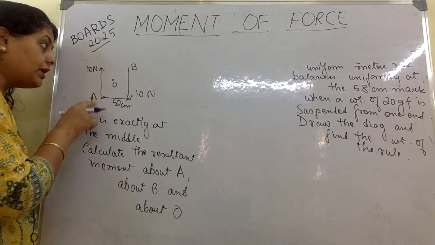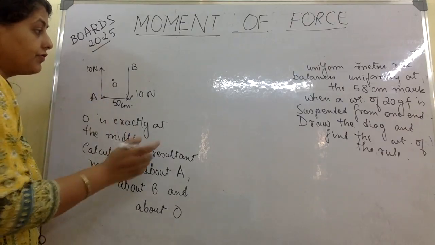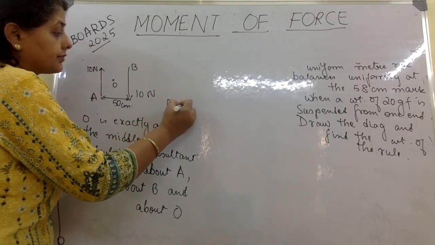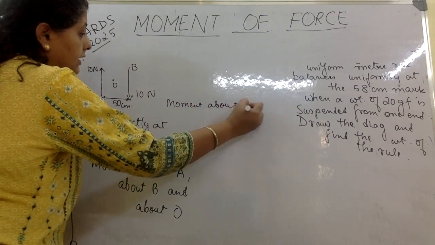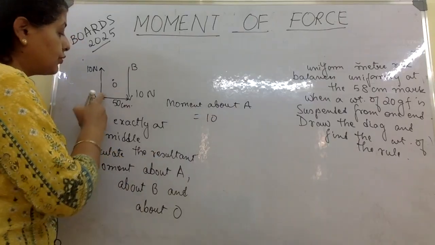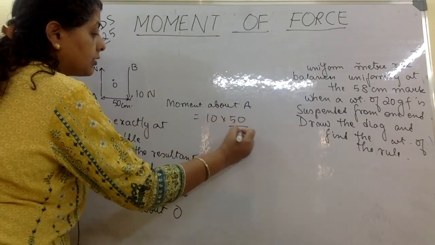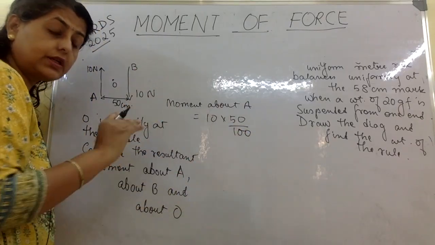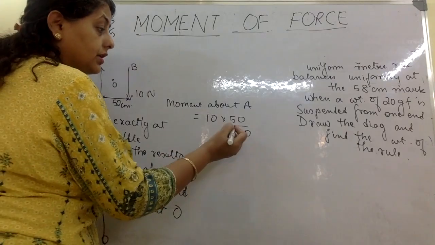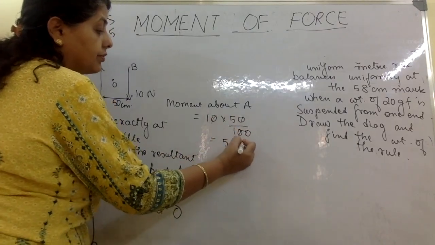So moment about A is going to be this 10 Newton, of course. So moment about A is equal to 10 Newtons force into distance, which is 50 centimeter, 50 divided by 100, because 50 centimeter is not SI, be very careful. So here this is 5 Newton meter.